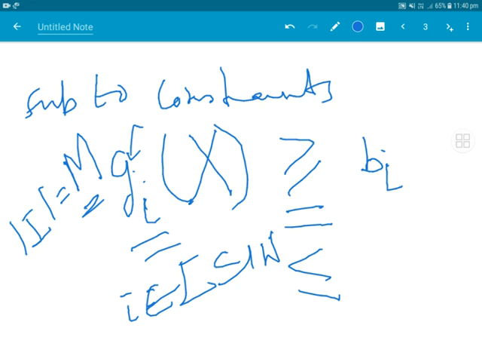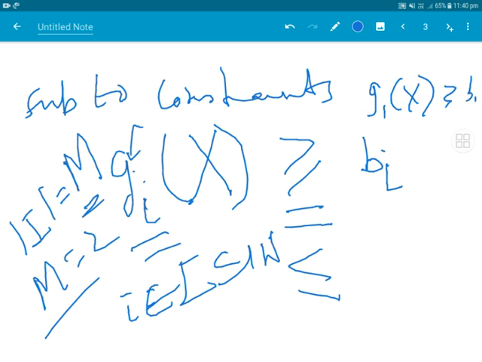Suppose I say M equals 2, so there are two constraints. One will be g1(x), say greater than or equal to b1, and another g2(x), less than or equal to b2, like this. Okay, so these are the constraints. The constraints again are functions of the decision variables.